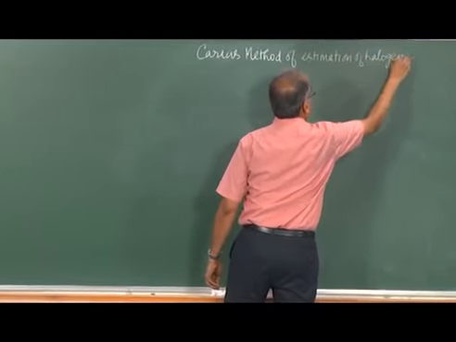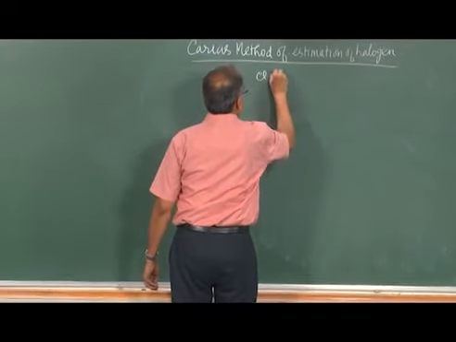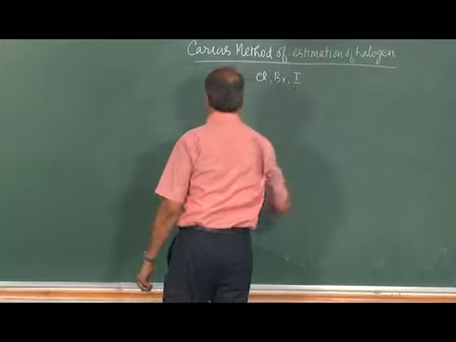When we say estimation of halogen, we are primarily talking about the estimation of chlorine, bromine and iodine only, not necessarily fluorine.